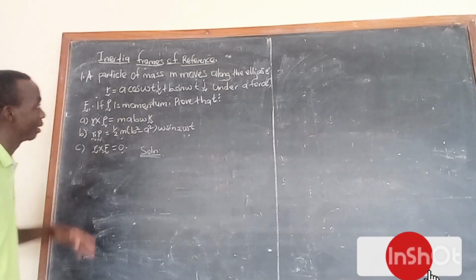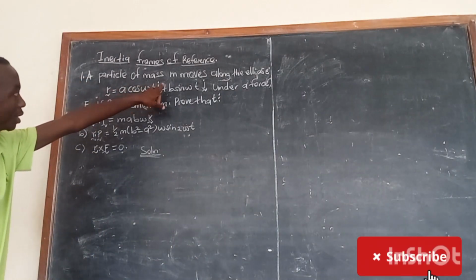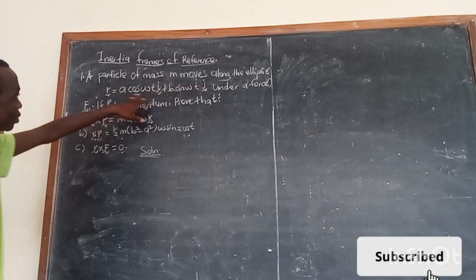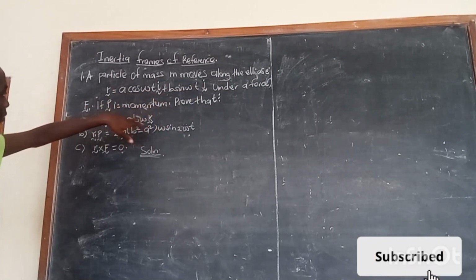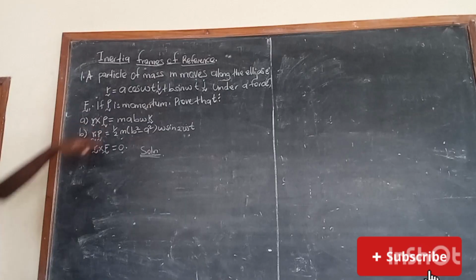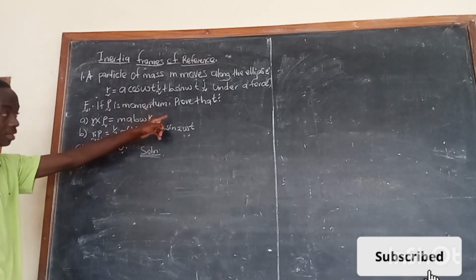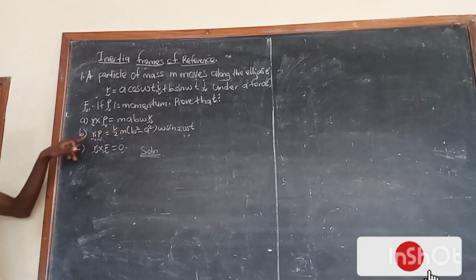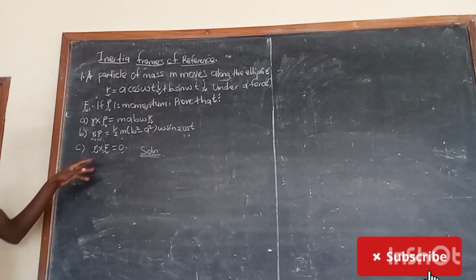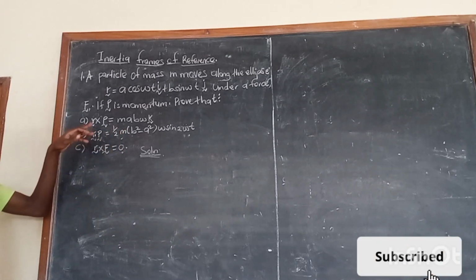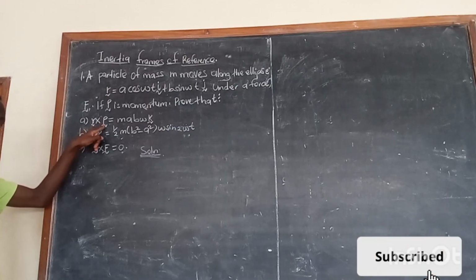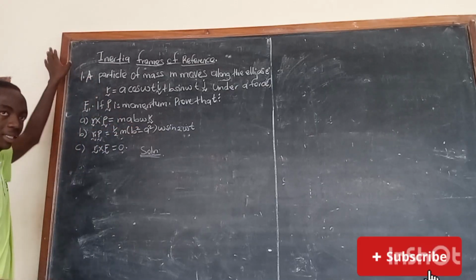We are given that a particle of mass m moves along the ellipse, under a force F. If p is the momentum, we are asked to prove parts A, B and C. Let's begin with part A. We take r cross p.